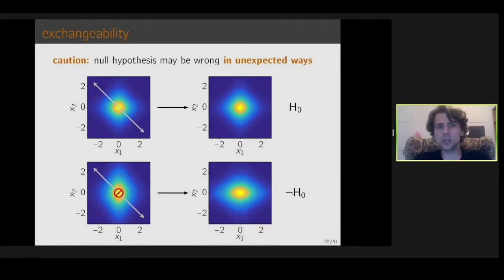You have to be very cautious because the null hypothesis may be wrong in rather unexpected ways. For example, this is the standard case of IID, independent and identically distributed data, which we have already looked at. But in the lower example here, x1 and x2 are independent from each other.